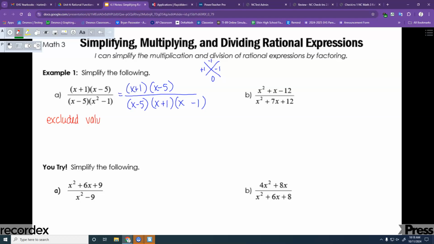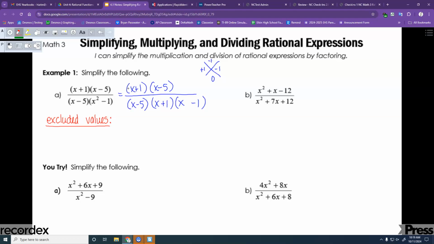So excluded values. What does it mean to exclude someone or something? Remove them, leave them out, not include them, right? So there are some numbers that cannot be put into this equation, okay? There's some numbers that cannot be put in because they're going to give you a 0 in the denominator. And what is anything divided by 0?